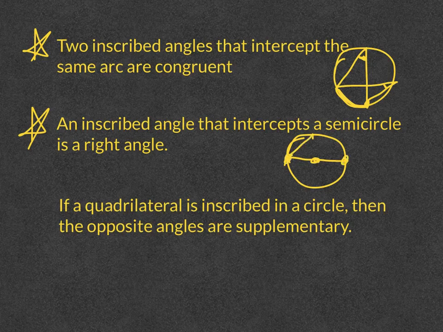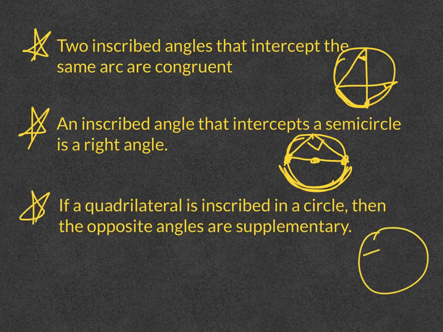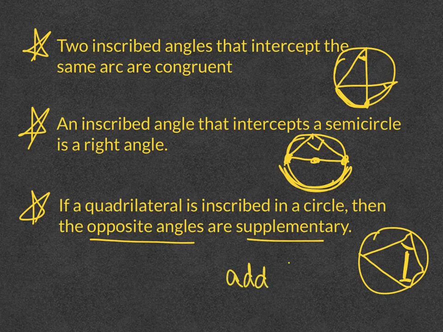If I draw my inscribed angle to intercept the semicircle, then I know I have a right angle. And last, if a quadrilateral is inscribed in a circle, then its opposite angles are going to be supplementary. So this angle is opposite of this angle, and so those two would add to 180.